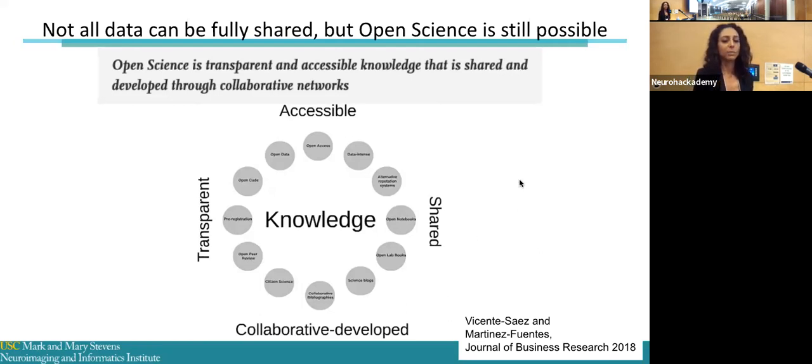So there's a lot of aspects of sharing, but also developing methods and protocols through collaborations, transparency, such as pre-registration, peer review, and accessibility. So making sure, even if the data might not be accessible, information about the data or the findings are.